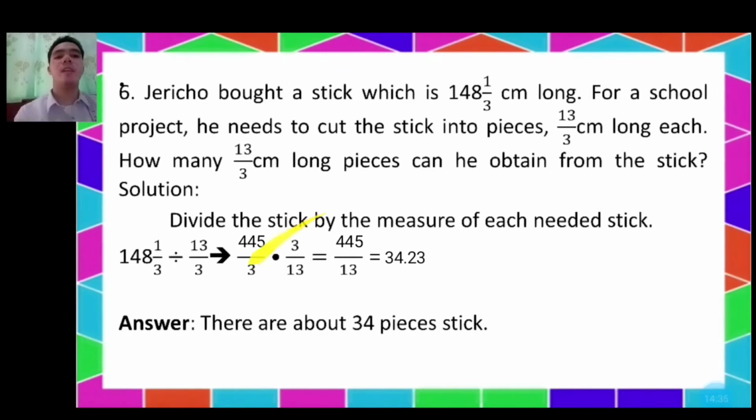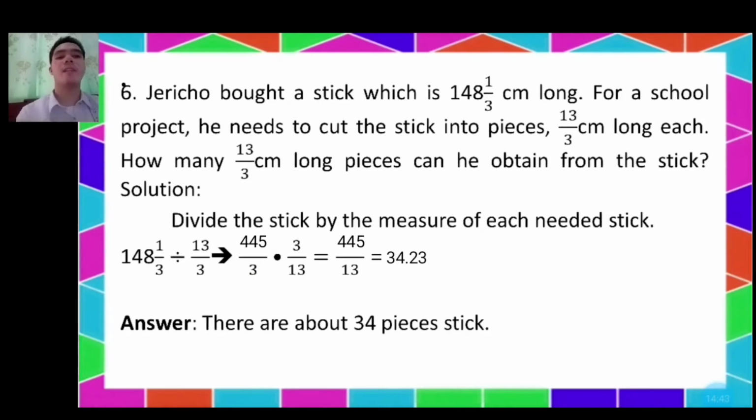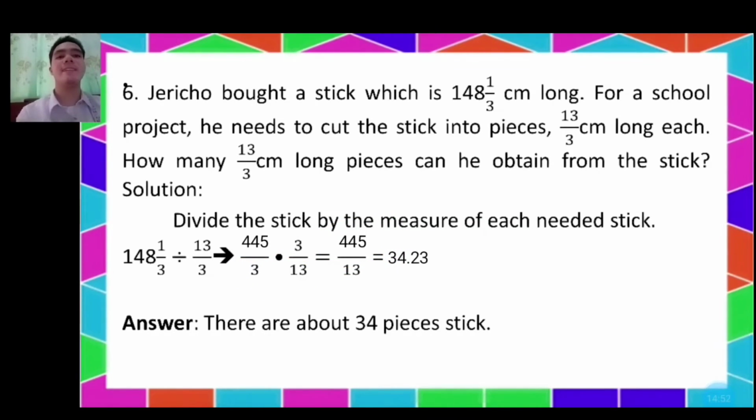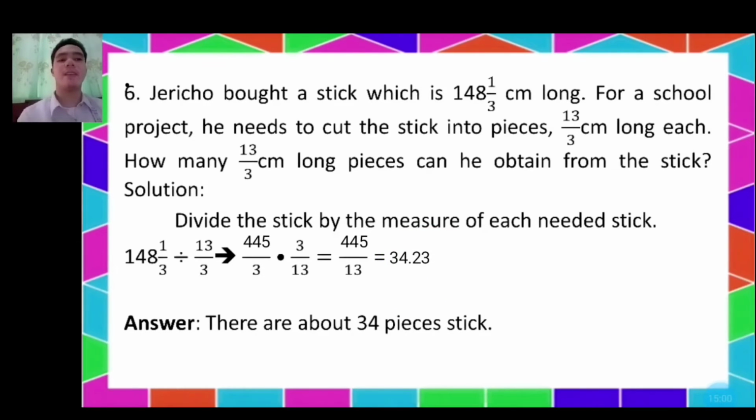Now, we are able to cancel this 3 and 3. That is 3 divided by 3, 1. So 445 times 1 is 445, and 1 times 13 is 13. So 445 divided by 13 is 34.23.